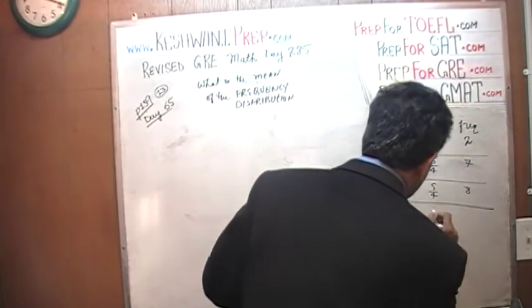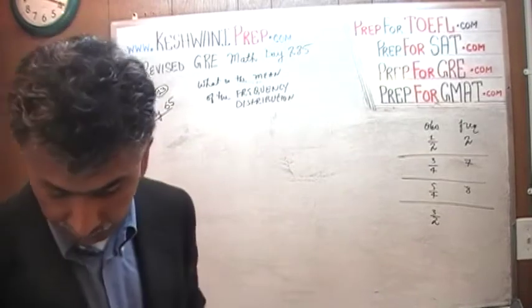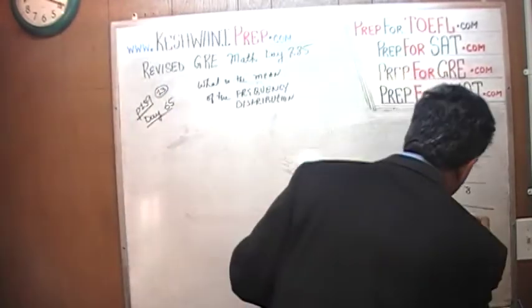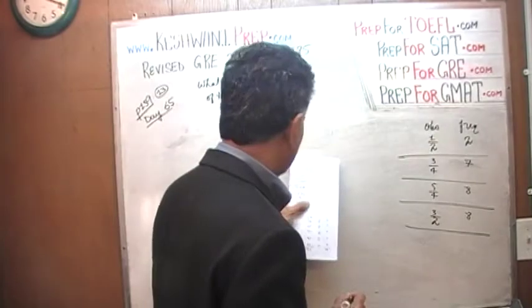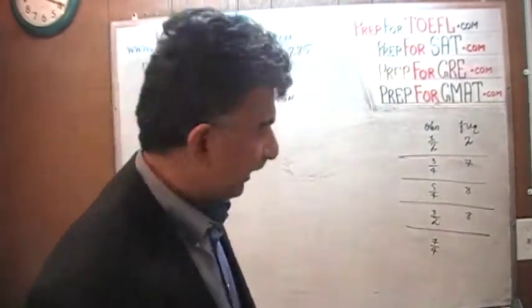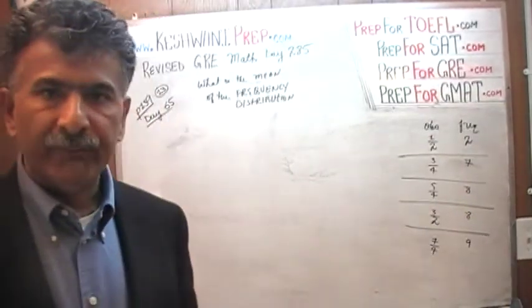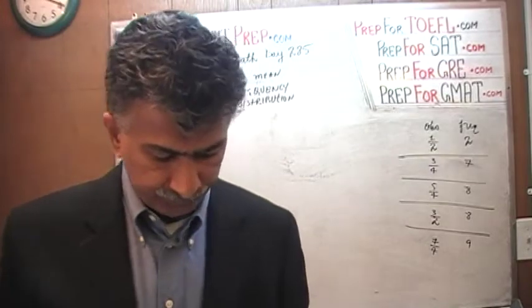We have 3/2, and we have 8 of the 3/2. And finally, we have 7/4. How many 7/4 do we have? We have 9 of them. That's it. The question simply is, what is the average of this frequency distribution?